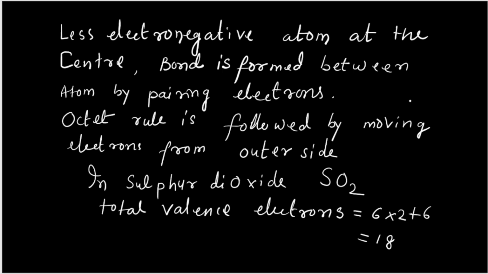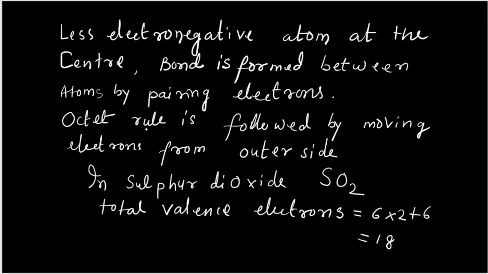When you see that a bond is formed between atoms, here sulfur and oxygen, then what will you check? The octet rule. What is the octet rule? When the bond is formed, the outermost shell combinedly behaves as having 8 electrons, that is the octet rule.